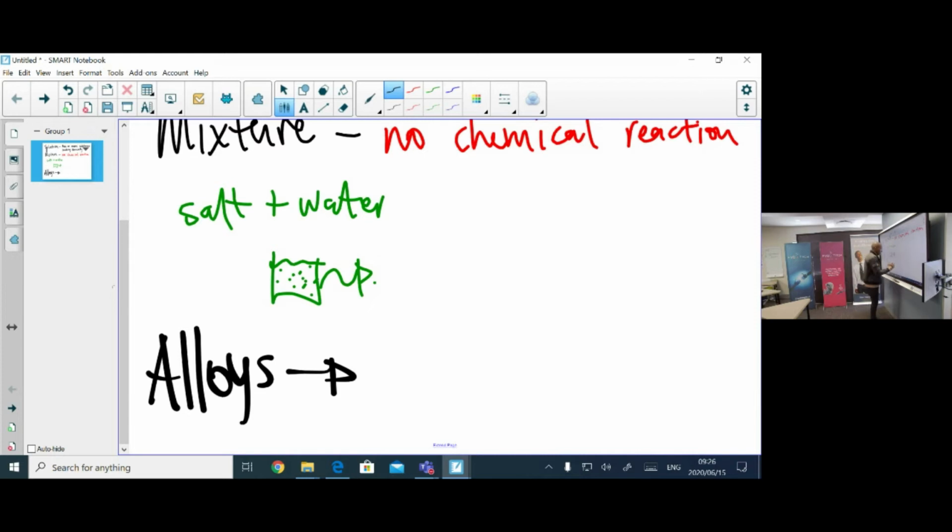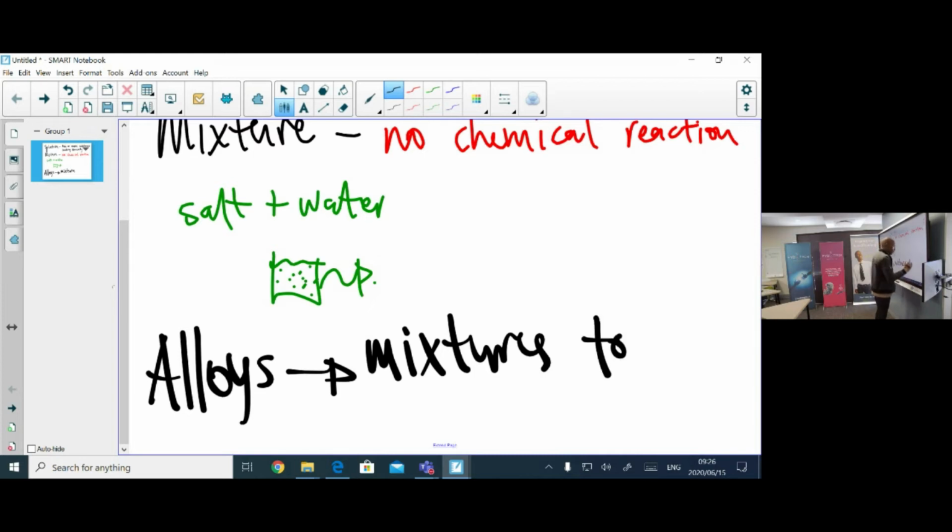Alloys are mixtures of two or more metals. Mixture of two or more metals. When we mix two or more metals together, we find alloys.